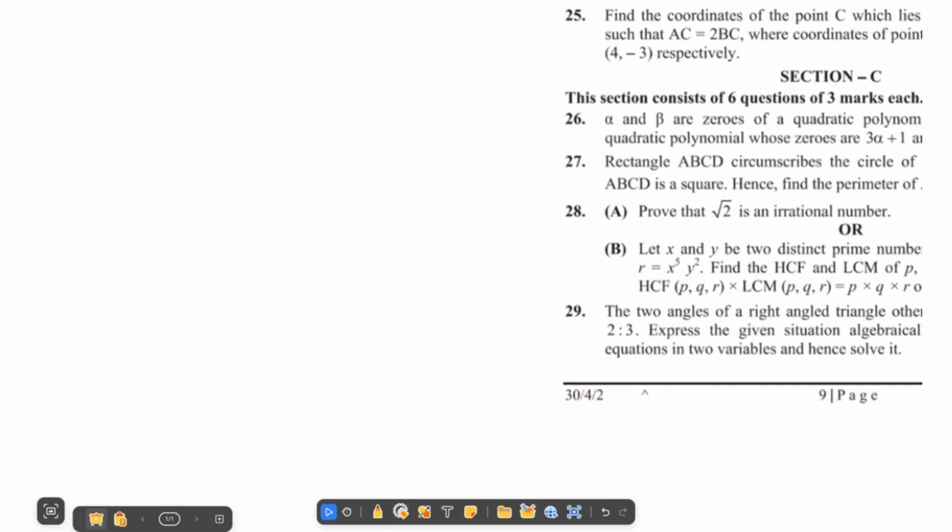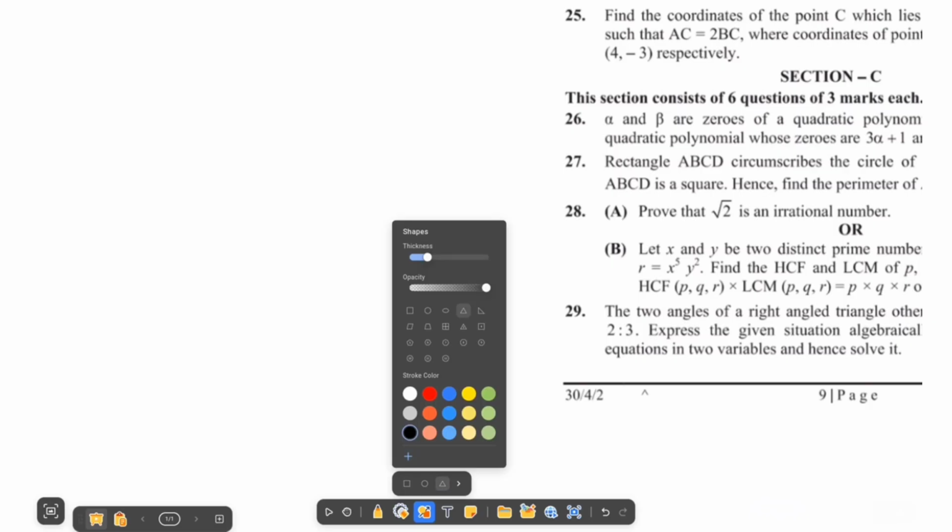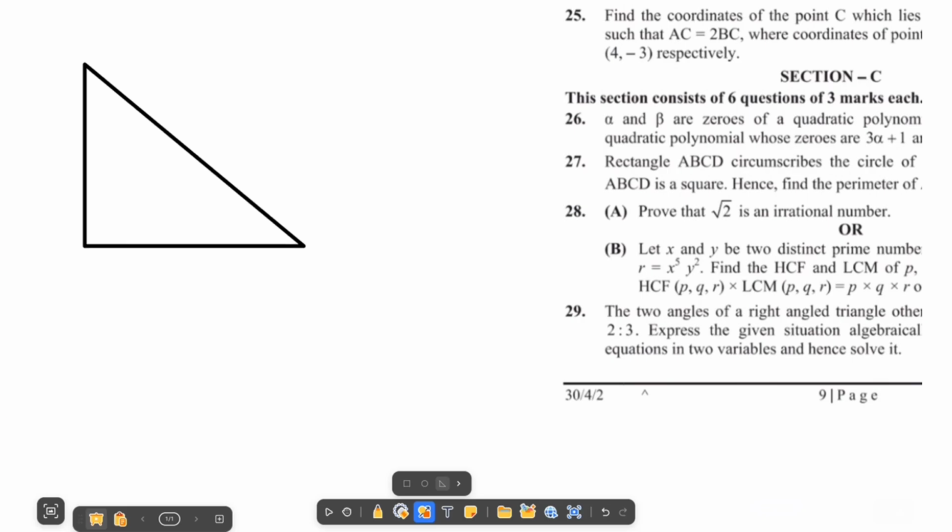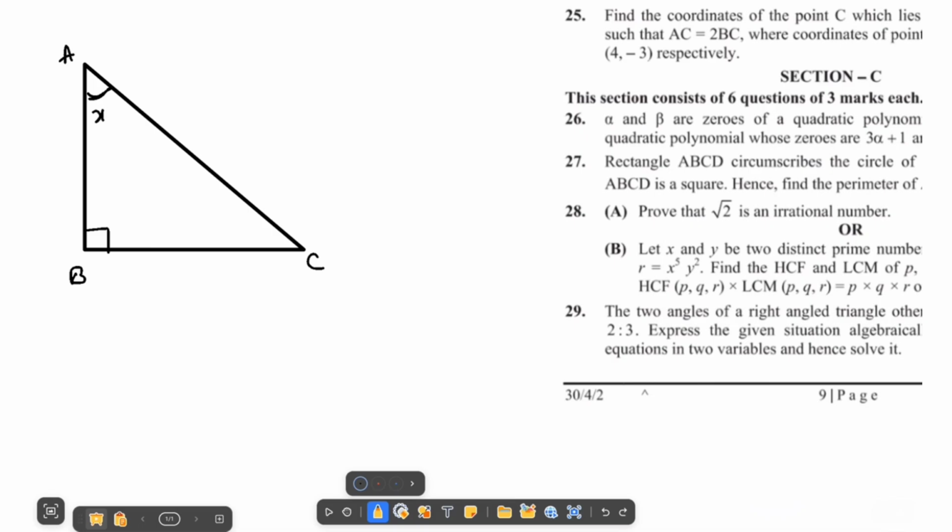Okay, let us take a right angle triangle. Let us name it as A, B, C. So here it is 90 degrees at B. Let the angle at A be x.